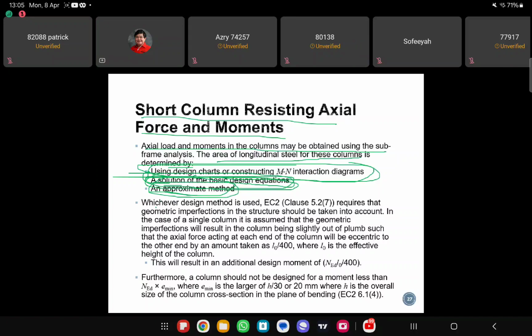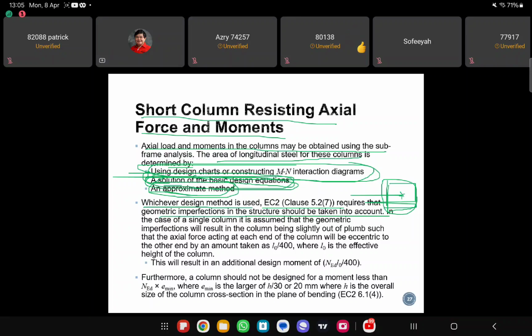Okay, so whichever design method is used, EC2 requires that geometric imperfections in the structure should be taken into account. So this is what it means by imperfection moments, right? Because in actual construction, you will not have a perfect column where the axial load is exactly at the center of the column.